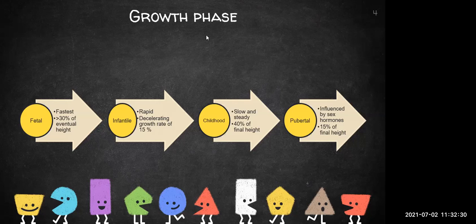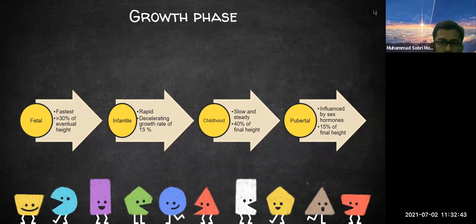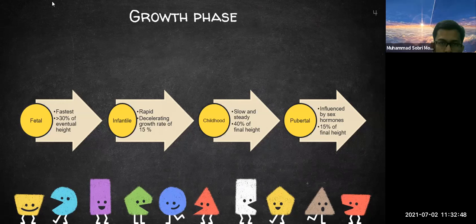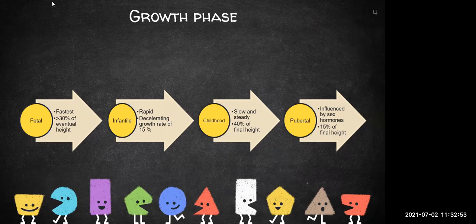Because the implication of your diagnosis is, when you say someone has short stature, what is the management? Growth hormone. So nutrition will not play any role in short stature. That's why the diagnosis of short stature can only be given in a child more than 5 years old. Understand? If a baby just one year old is referred to you as short stature, this is not short stature.